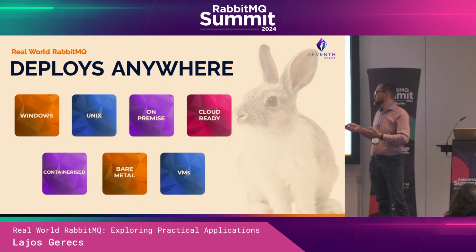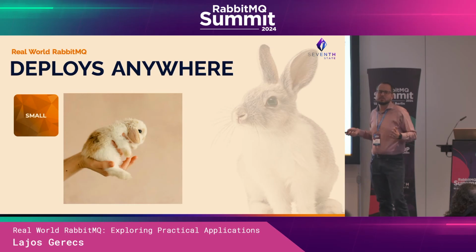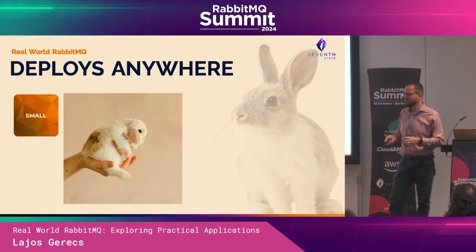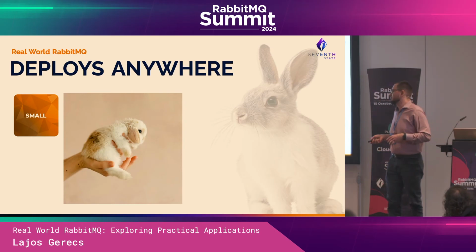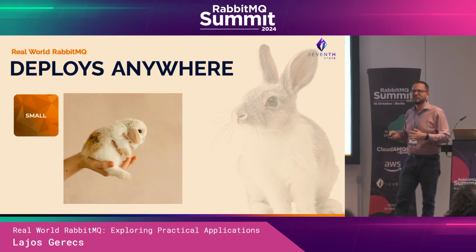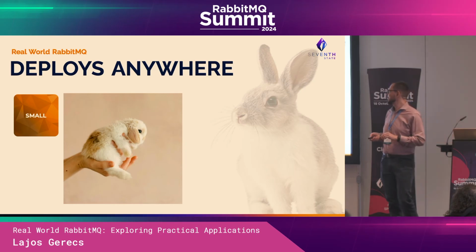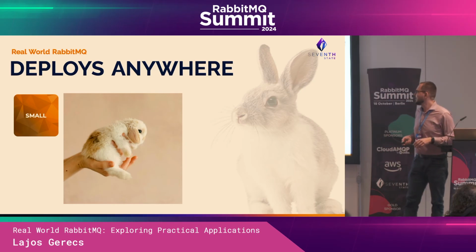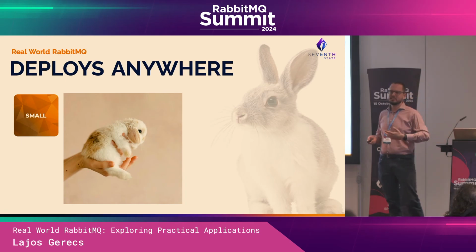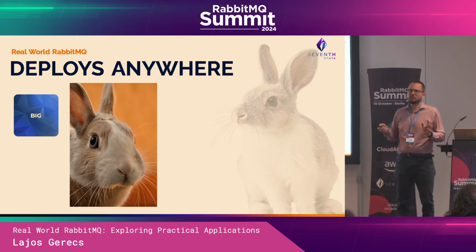RabbitMQ can be deployed on pretty small instances as well. We see regularly, sometimes we get customers with one core allocated to RabbitMQ for production, but that's maybe a little bit too small. We see very small instances of RabbitMQ, and we see very big ones.